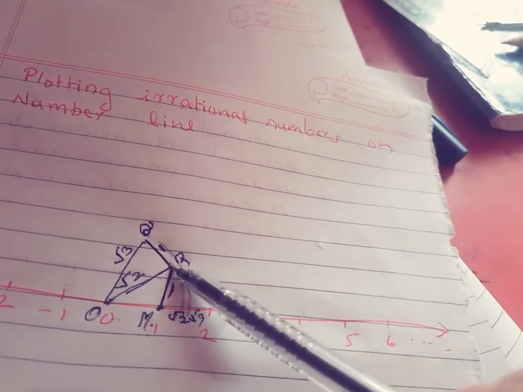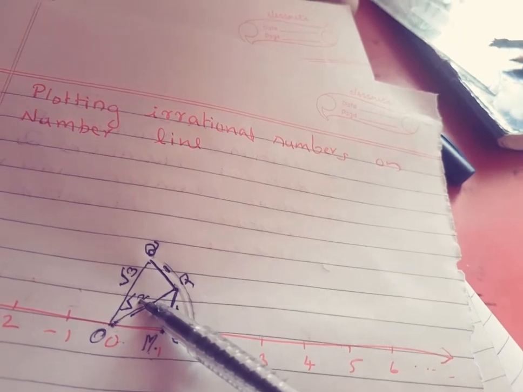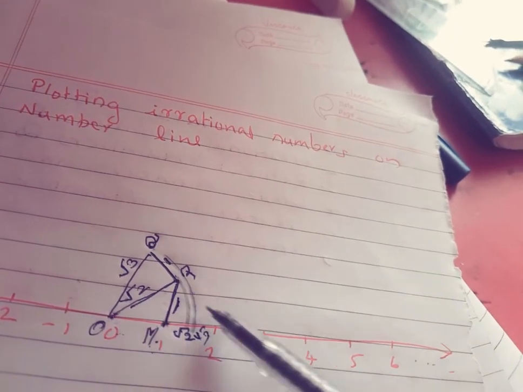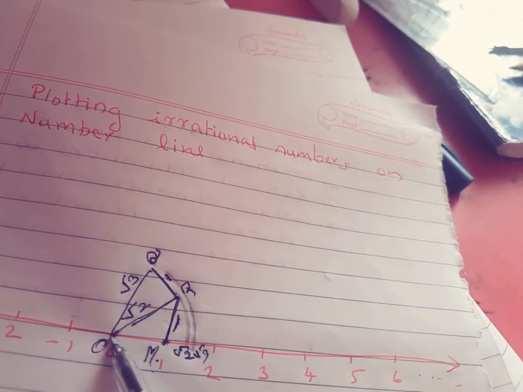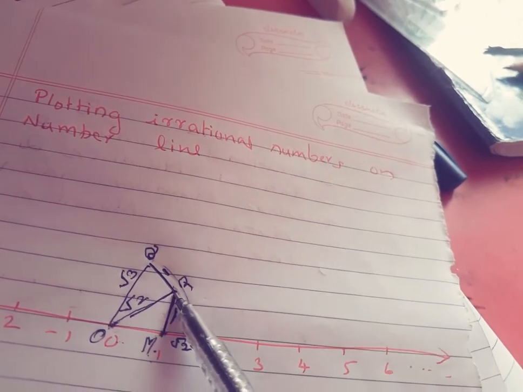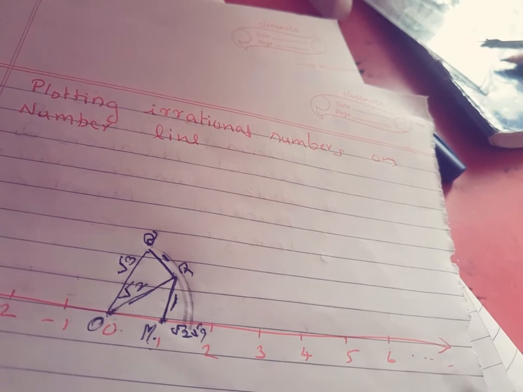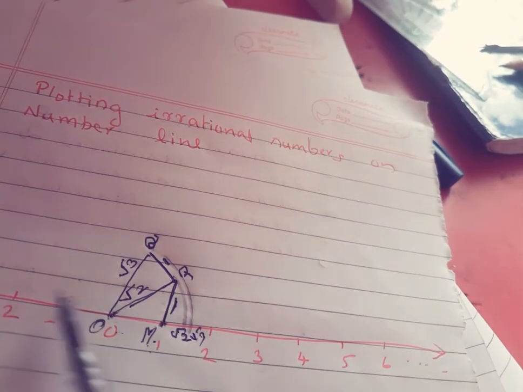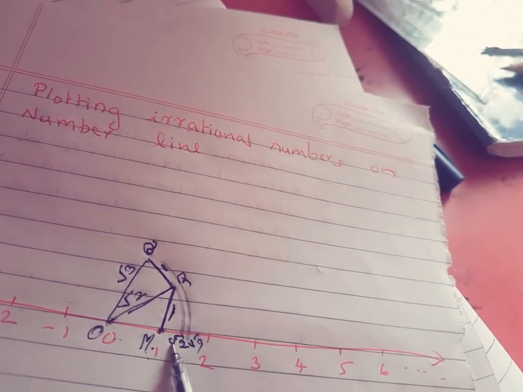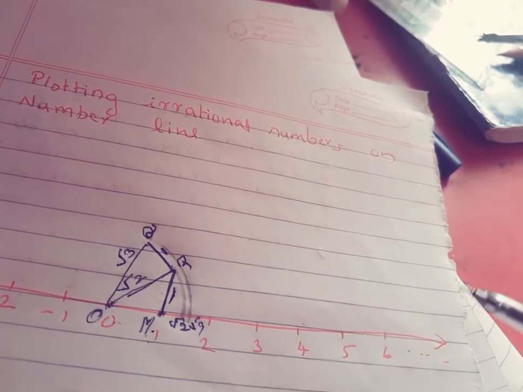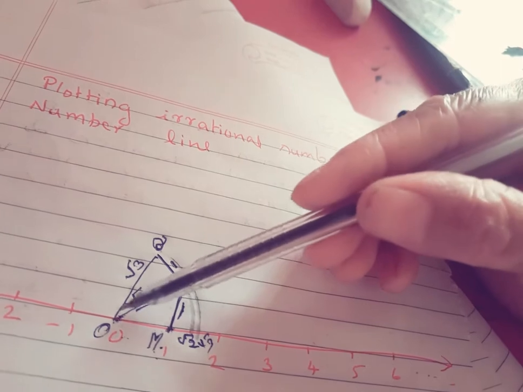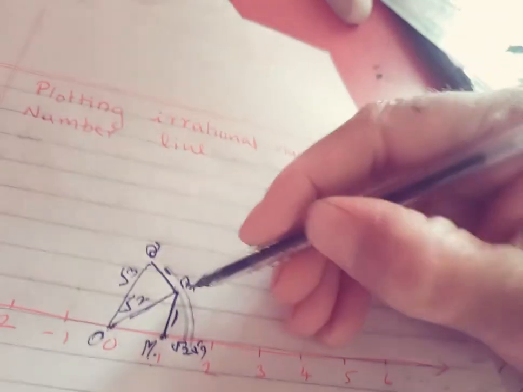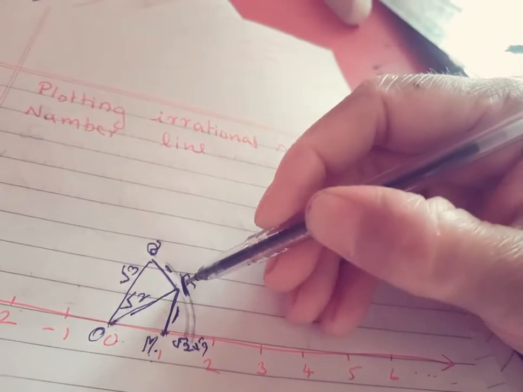That OP will be your root 2, and to plot root 2 on the number line, take the compass with center O and radius OP. Draw an arc and cut the right side of the number line. This will be the point root 2. And if you want to find root 3, then make a perpendicular to OP. Take care.